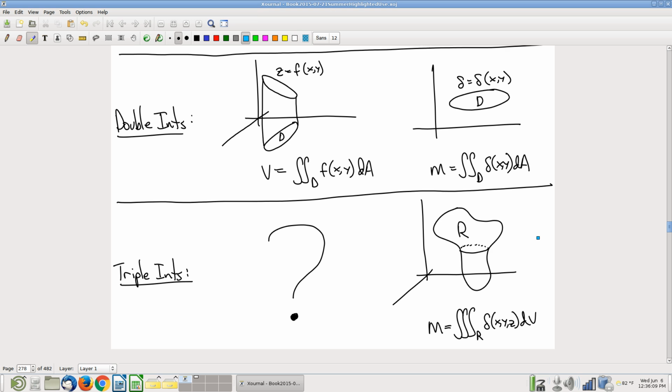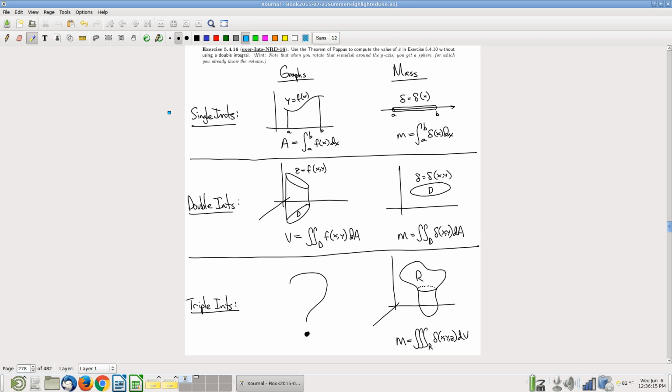Now, a common mistake, I think, is for students to think about single variable integrals like that, and double integrals like this, and then triple integrals like that. And you see the problem. The problem is that these are completely unfair comparisons. These are different contexts. Here we're looking at graphs. Here we're not looking at a graph. There are really different ways to think about integrals.